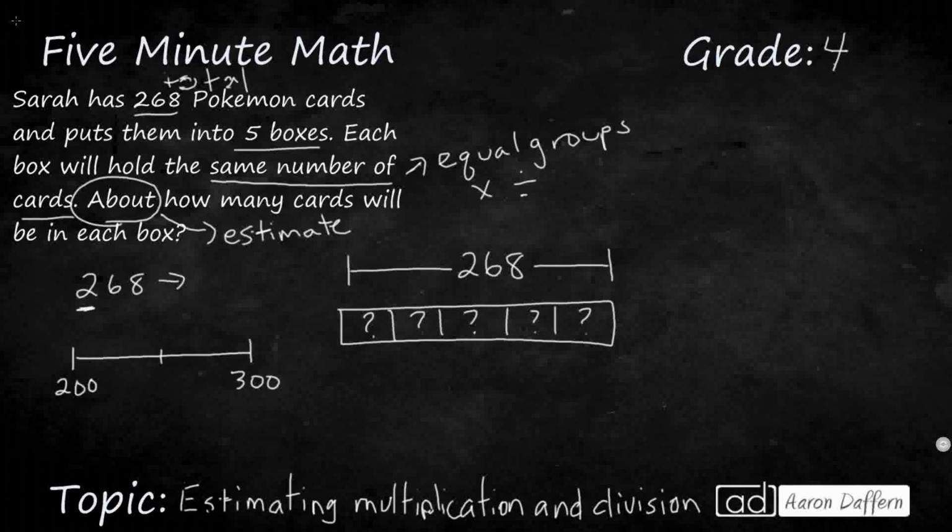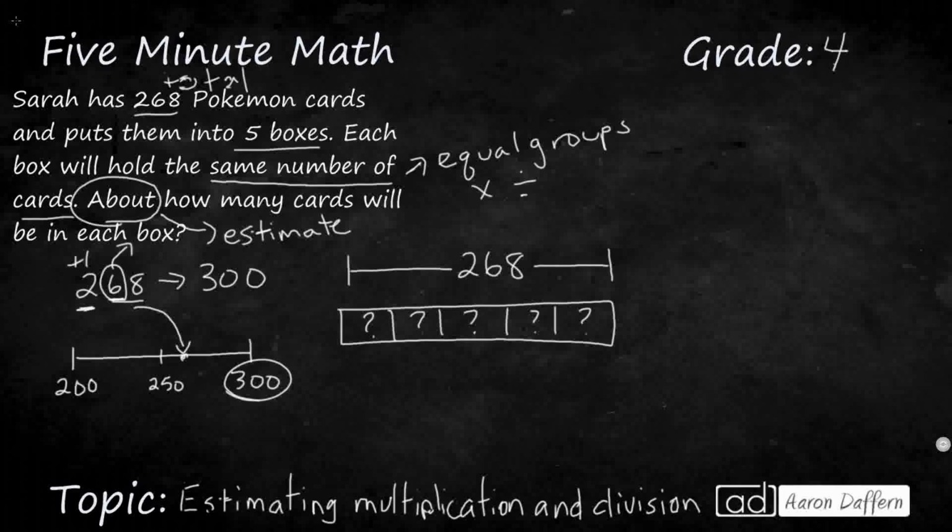We look at the halfway point. That's 250. And 268, well, that 68 is definitely larger than that 50, so it's going to land right around there, which means 268 is closer to 300, right? If this digit right next to the one we're rounding to is 5 or more, it makes it go up, and so we're going to go to 300.